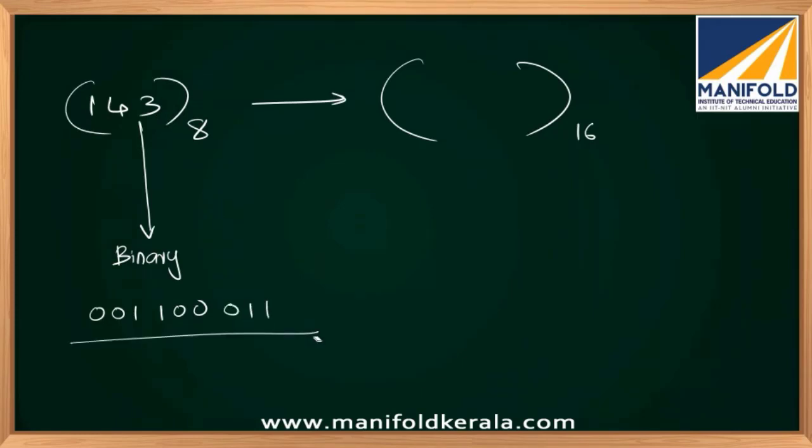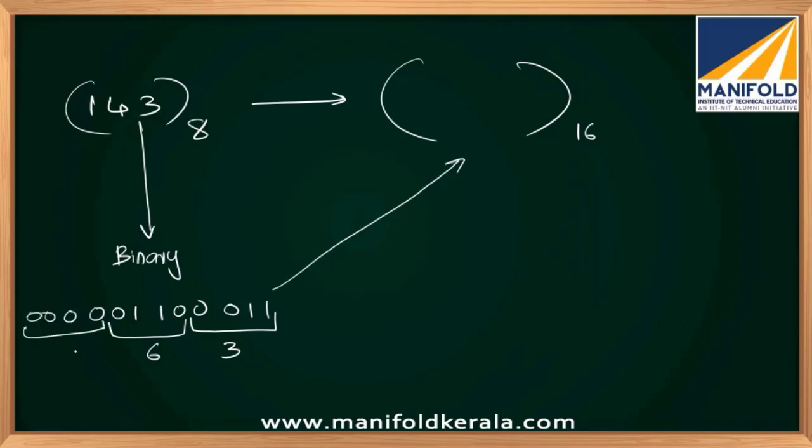Once you get the binary, you group in 4 now, and then you can convert this into hexadecimal. This one is 3. This group, 0 1 1 0, is basically 6, right? And this is anyway 0. So this is basically 63 base 16, right? Is that clear, Satyanarayana?